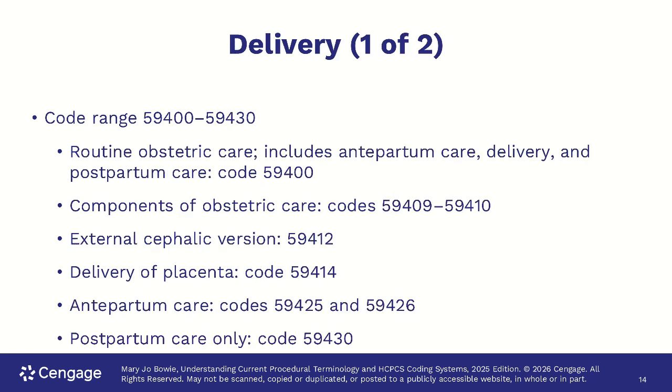You can also have a cervical cerclage, and that is when the cervix is incompetent or unable to hold the pregnancy to term. So that area is reinforced until it's time to deliver the baby.